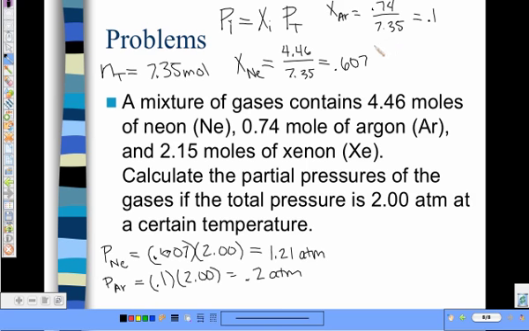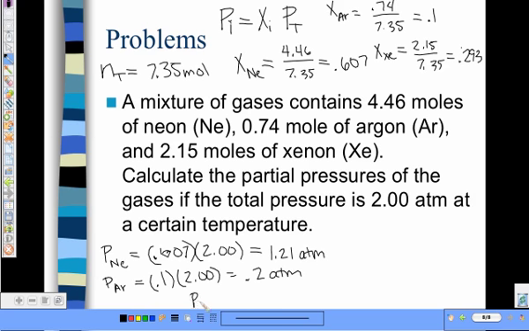Last one, we need the mole fraction for xenon. That would be 2.15 divided by 7.35. 0.3? 0.293?